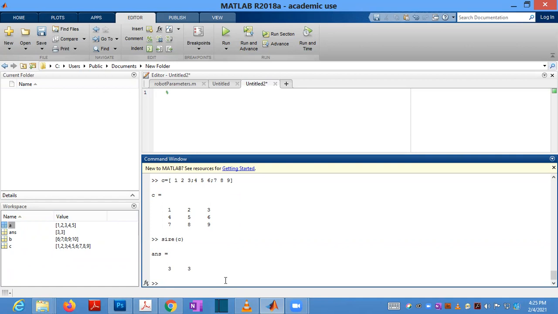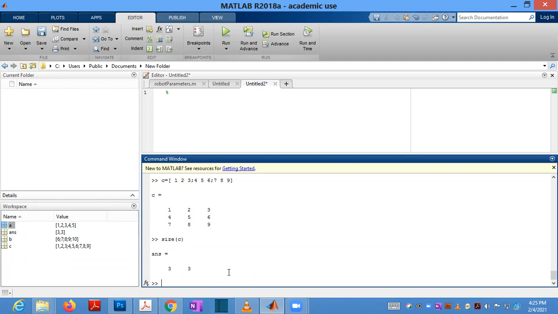Sir, what if I want to enter column-wise instead of row-wise, if we want to fill the matrix column-wise? Actually, if you enter 1, 2, 3, 4, 5, 6, 7, 8, 9, it is entered according to the row, sir.